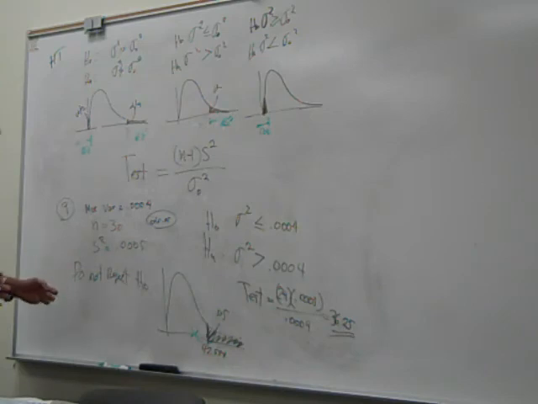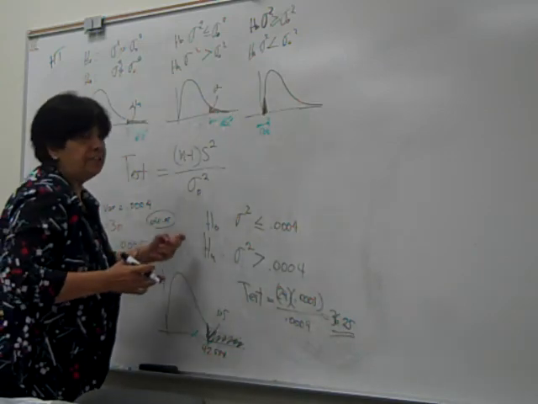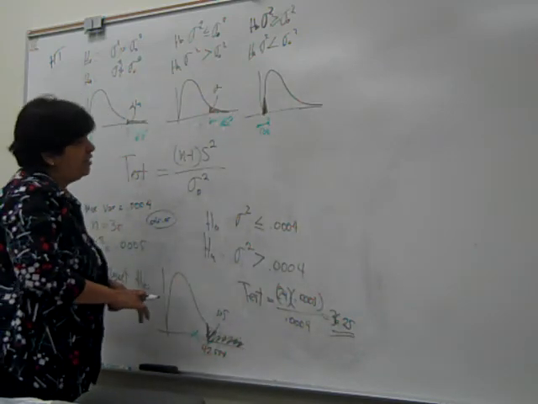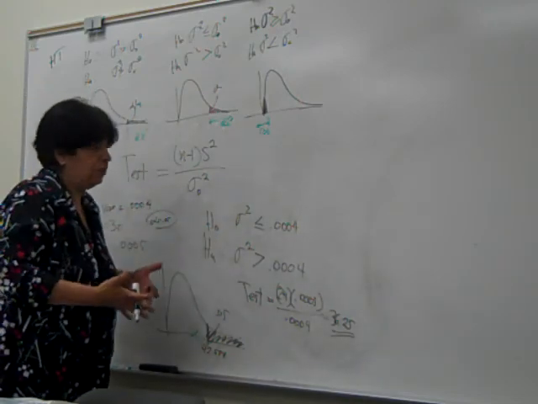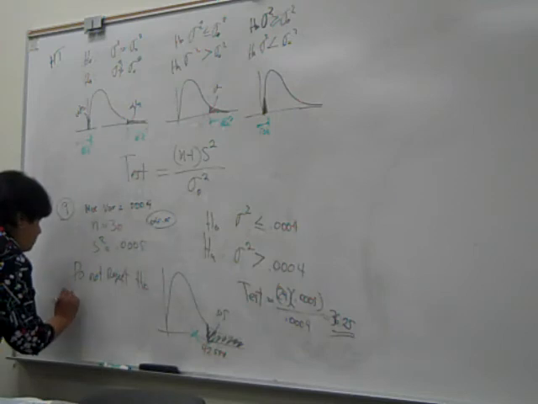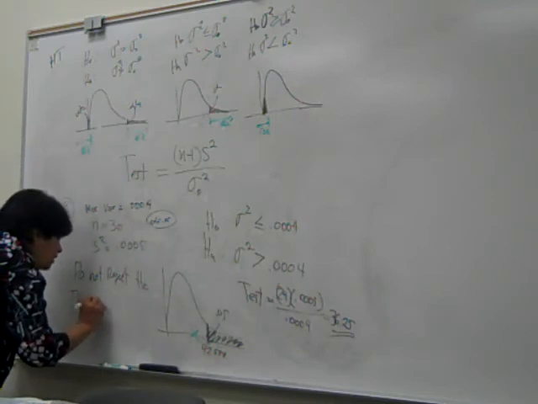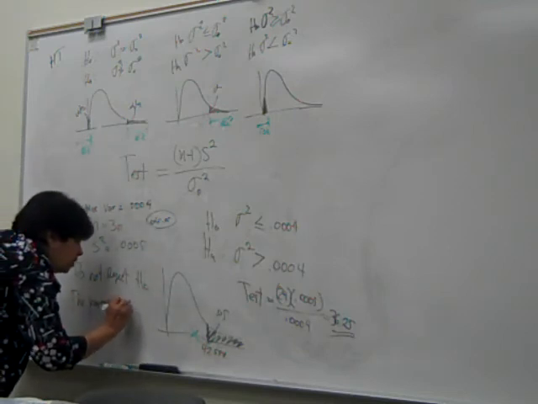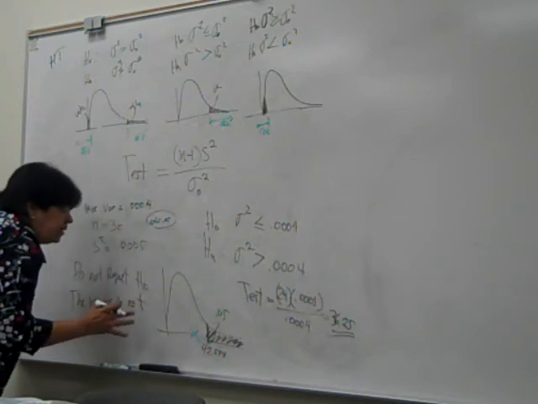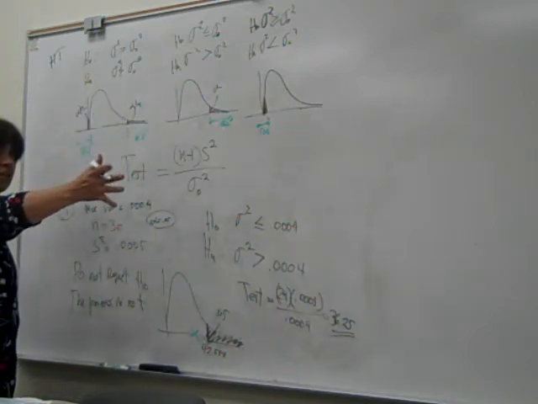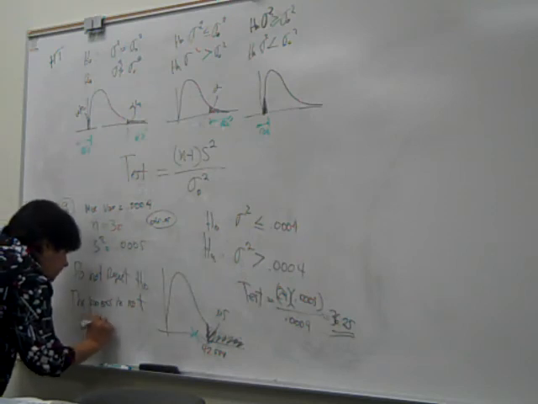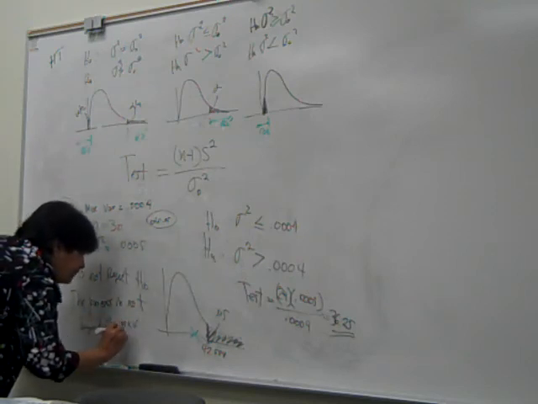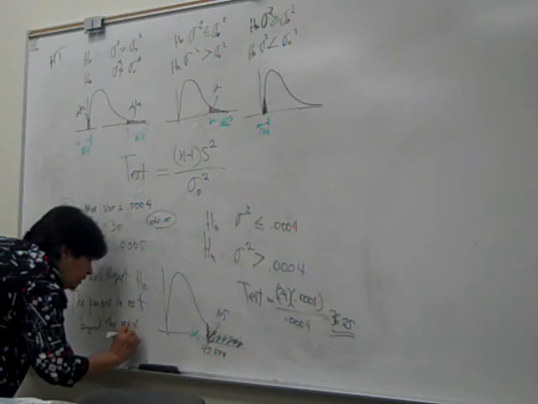So what is the conclusion? If we do not reject the null hypothesis, we are saying that it may be that the process is under control, is not out of control. The process is not beyond the maximum variance allowed.